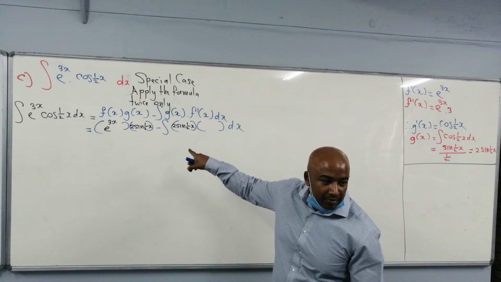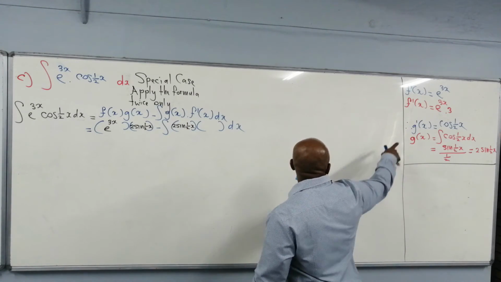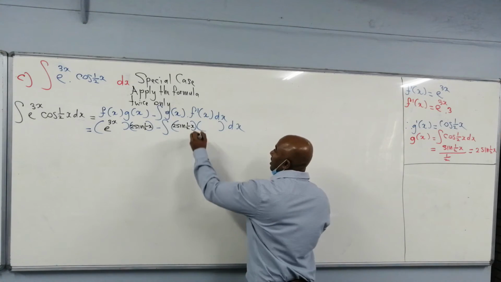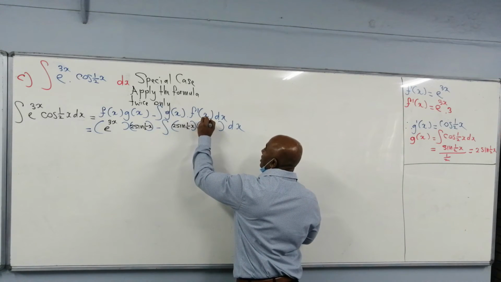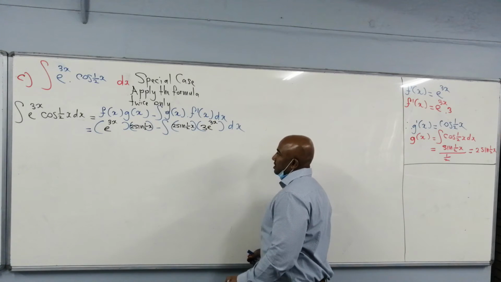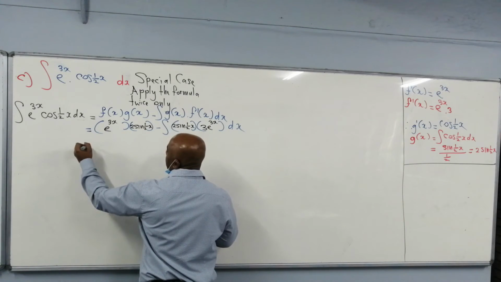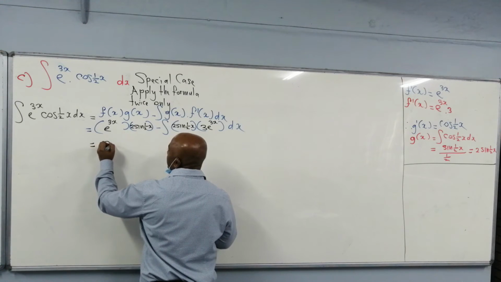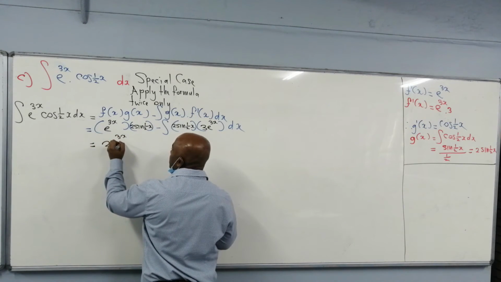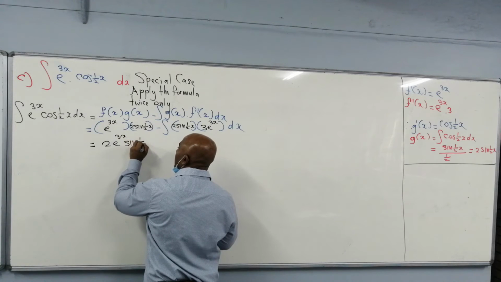And then f prime x is what we just worked out, which is 3 times e to the power 3x. You can simplify if you want to. That's going to be 2 e to the power 3x times sine half x.